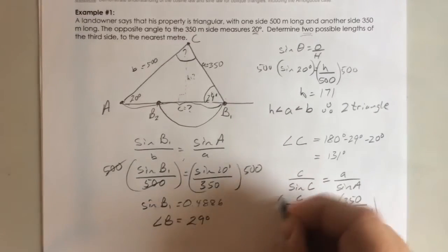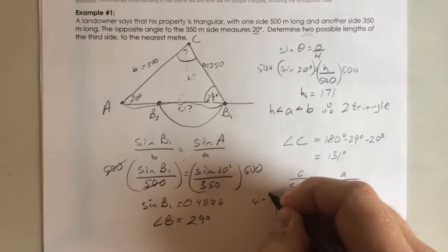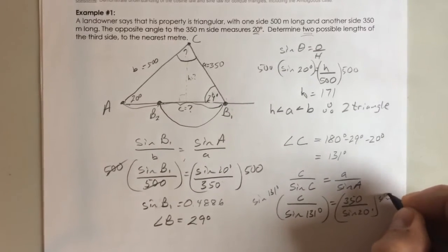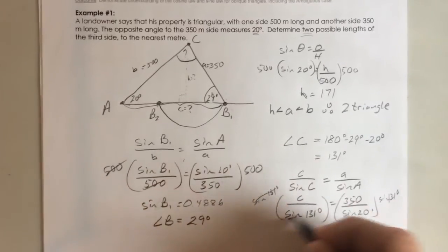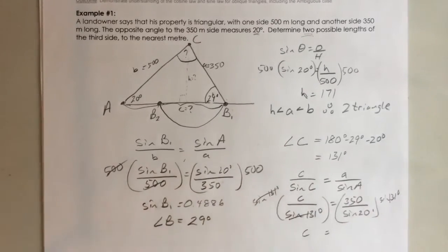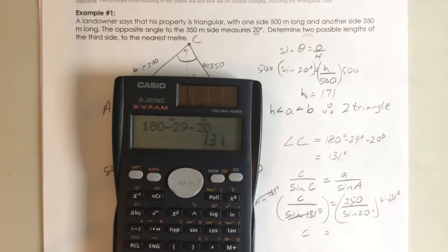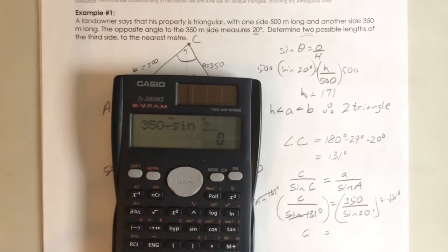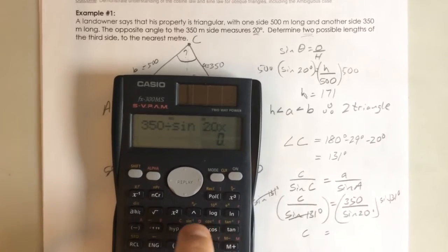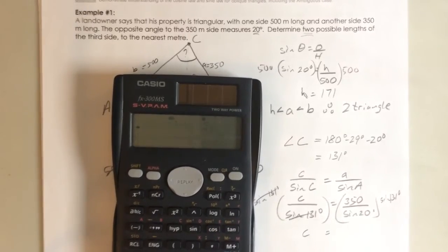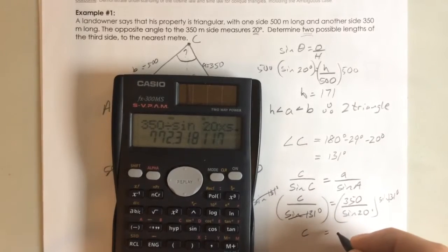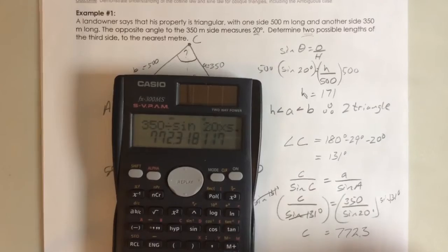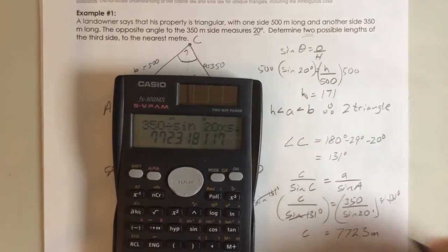Again, we multiply both sides by the sine of 131 degrees. That isolates C on its own. Using our calculator, this is 350 divided by the sine of 20 times the sine of 131, and we end up with 772.3 meters, to 1 decimal place.